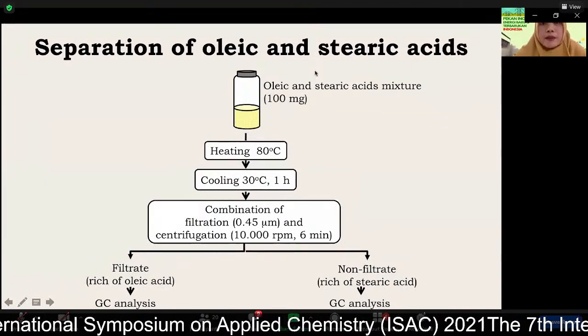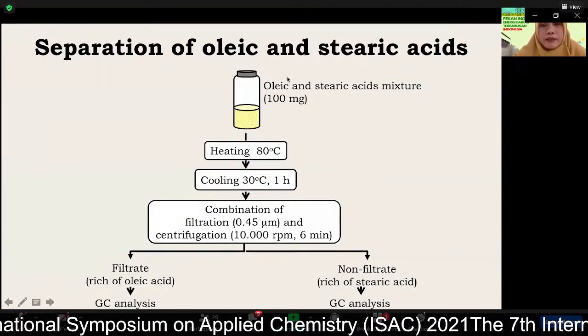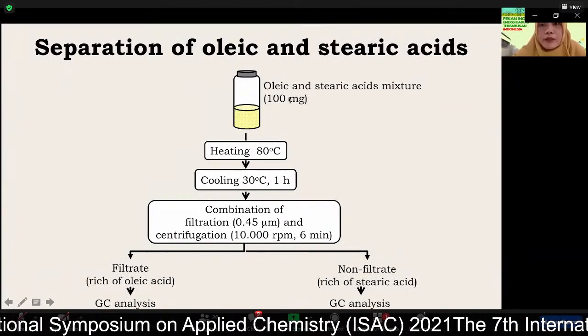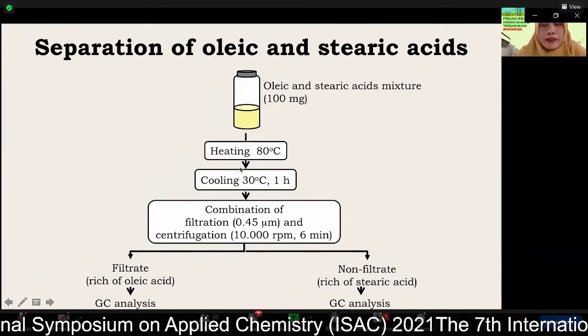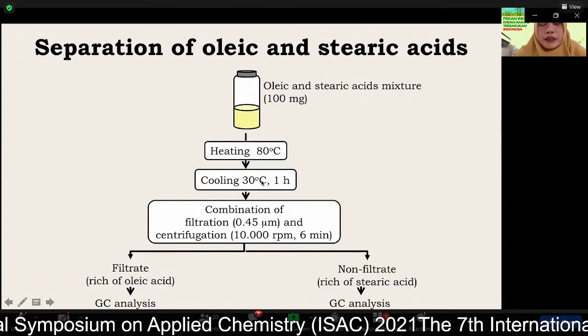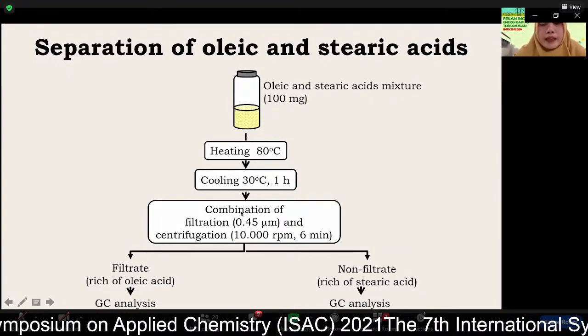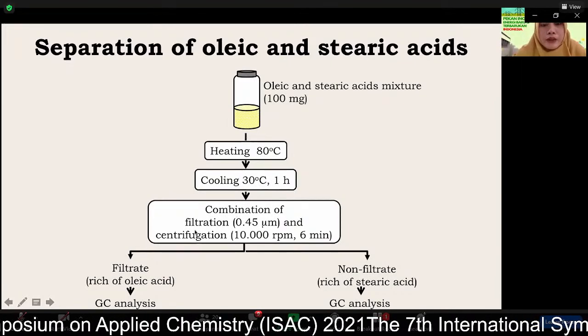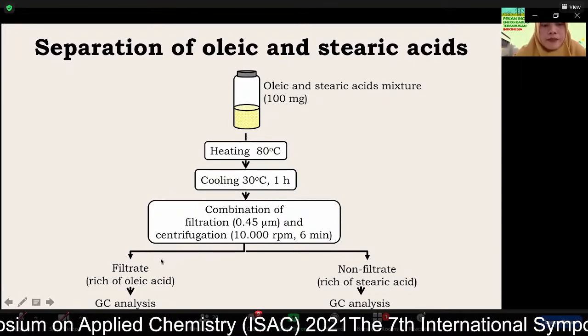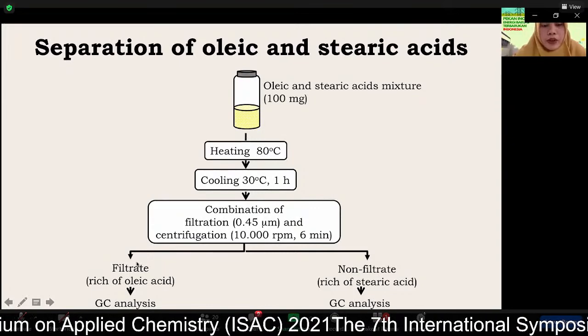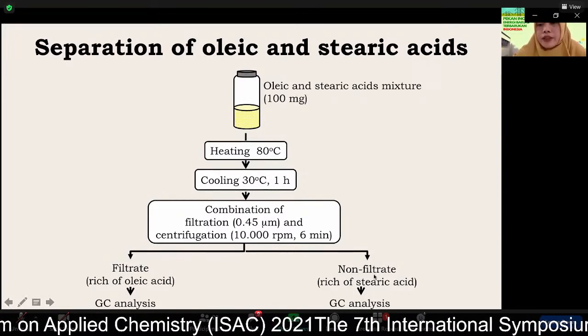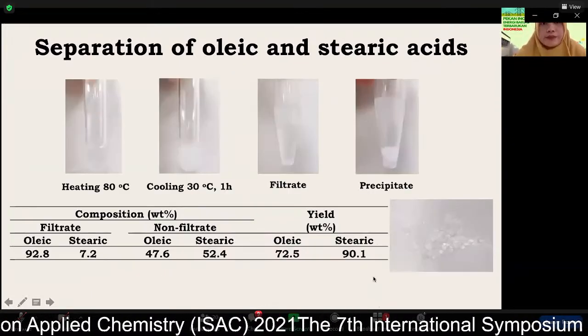So this is the separation of oleic and stearic acid. The mixture was heated up to 80 degrees C, then cooled down to 30 degrees C and held for 1 hour. And we separated it by a combination of filtration and centrifugation to get the filtrate rich in oleic acid and the non-filtrate rich in stearic acid.